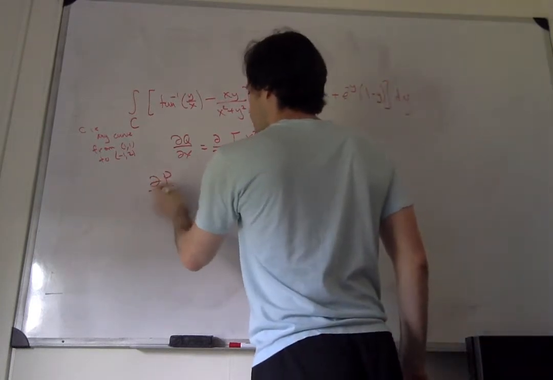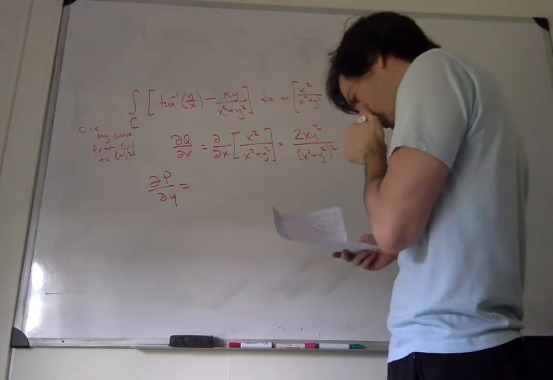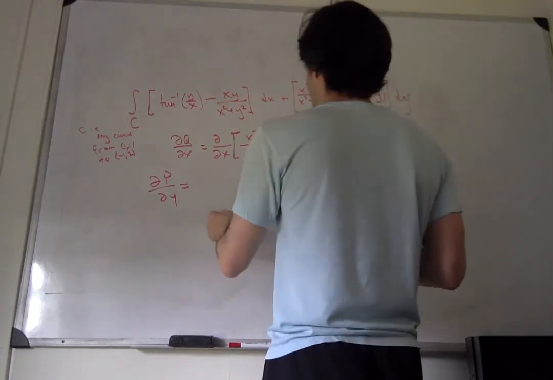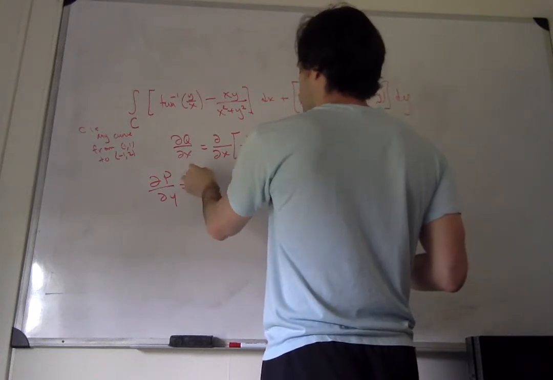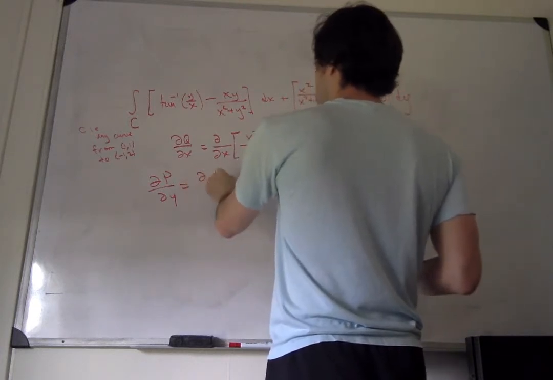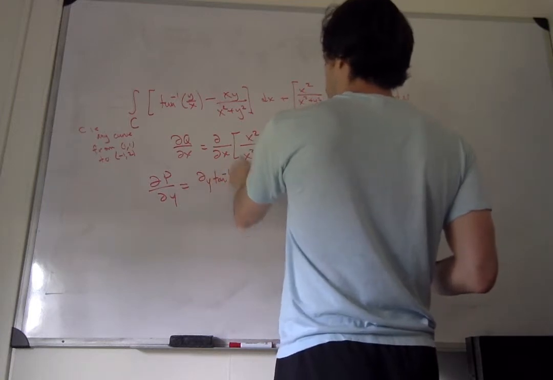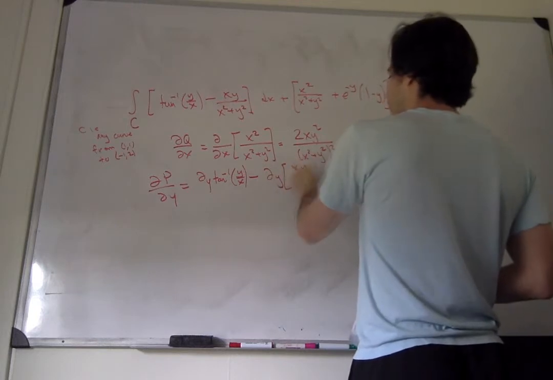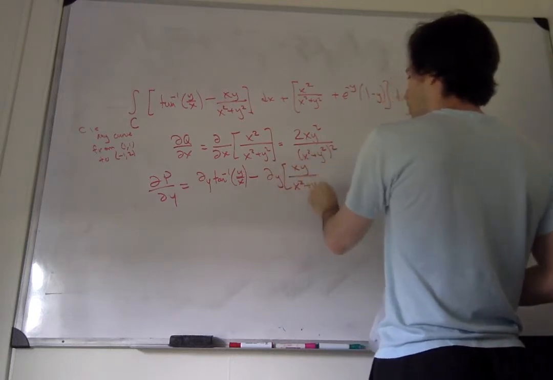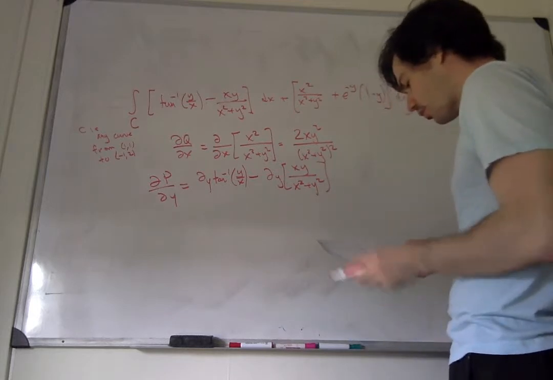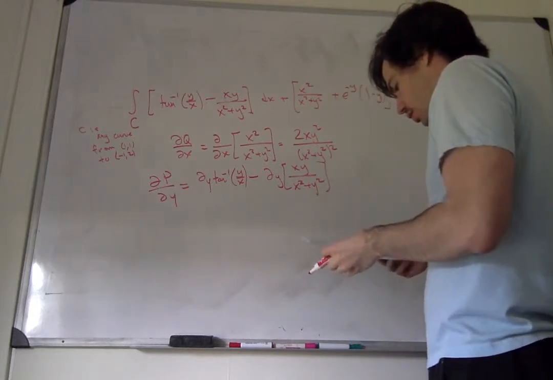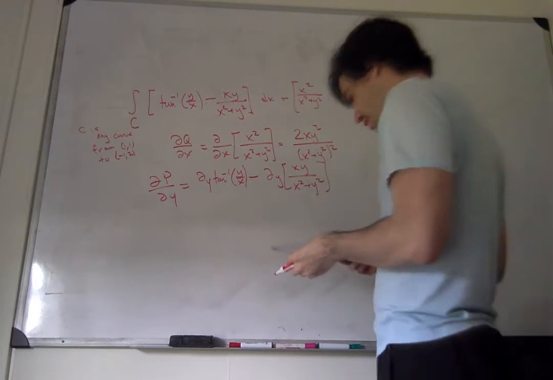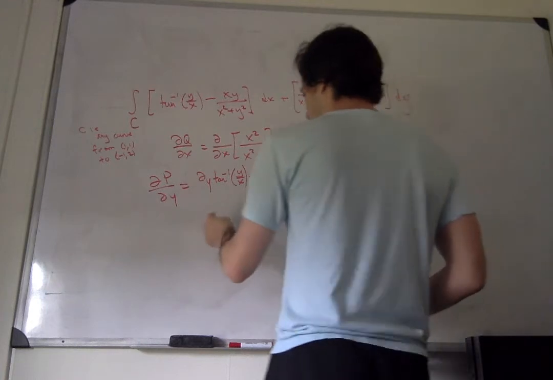So if I compute that derivative, let's see, so partial of y over x minus the partial of xy over x squared plus y squared.